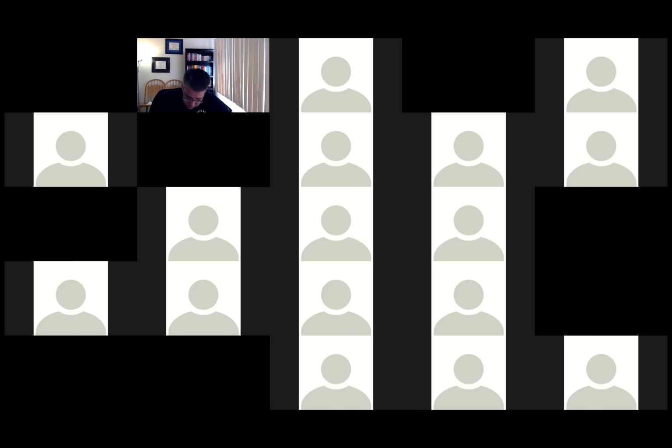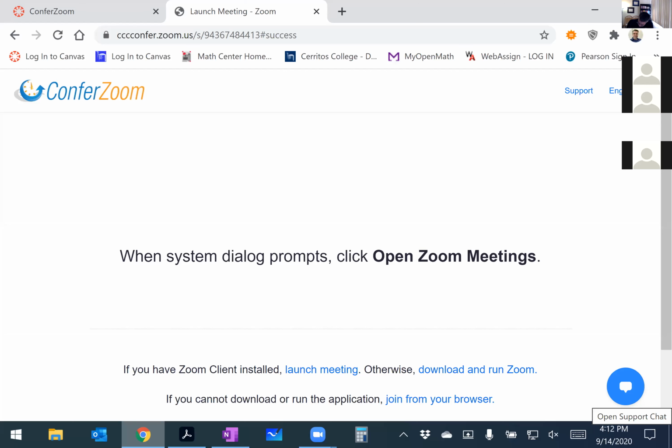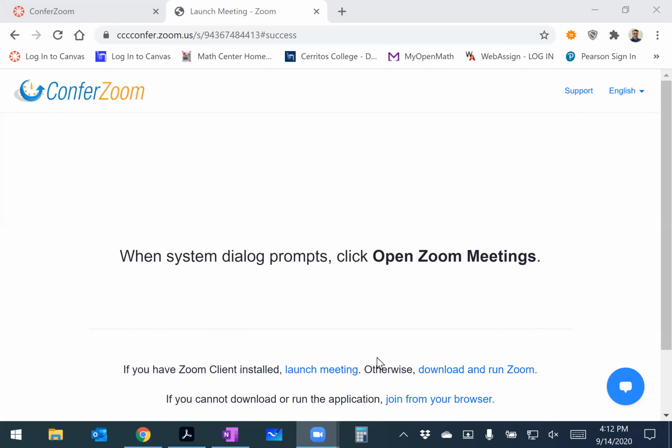Let me share my screen here. Come on. Using computer audio, I do not want to use computer audio.